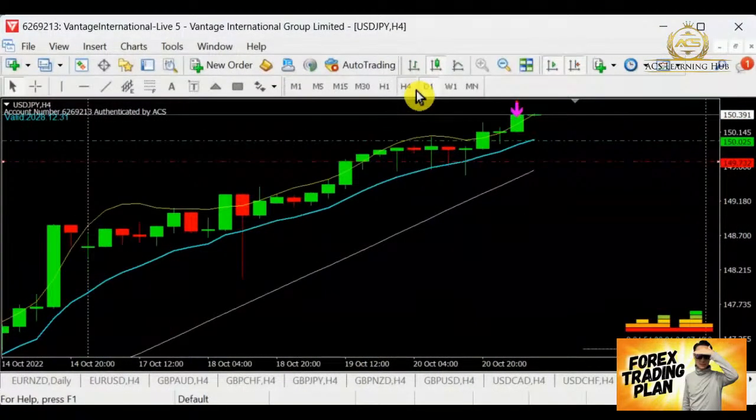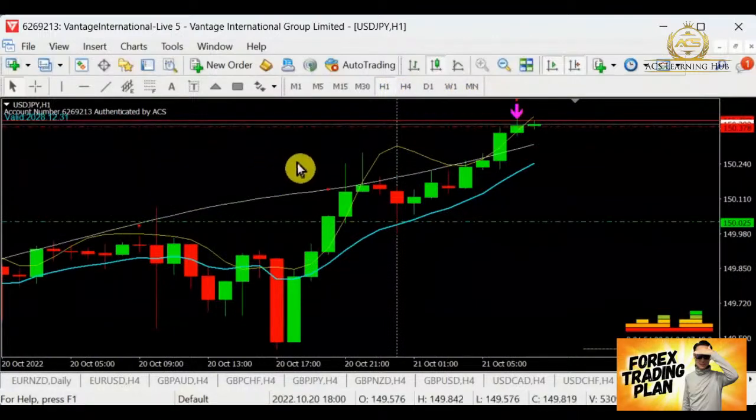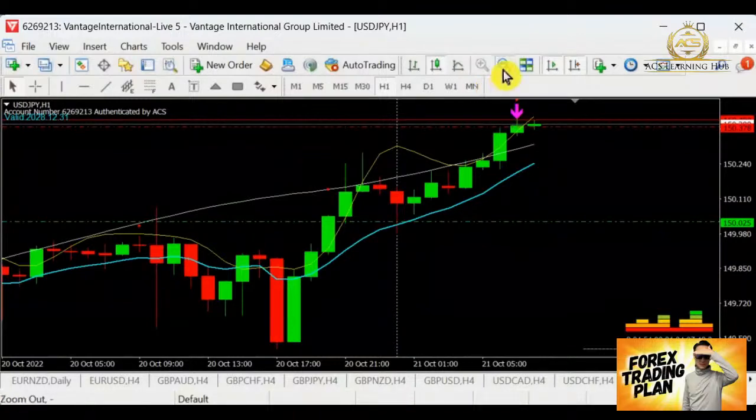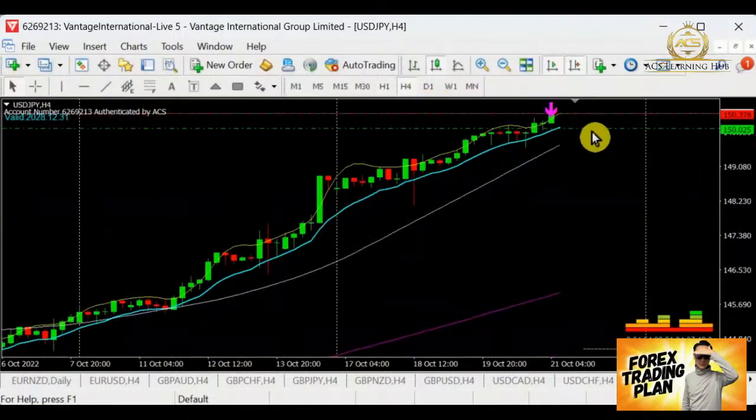So for now at this moment here, resistance is still very high up. I won't say resistance, I will say that this is a high now. Let's just put it as a high. Let's see if it will create a market structure, whether it will continue to buy or pull back for a little while before we can go for a buy.